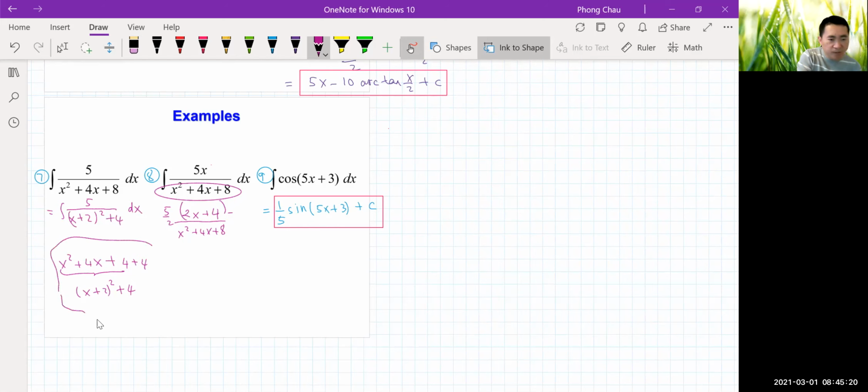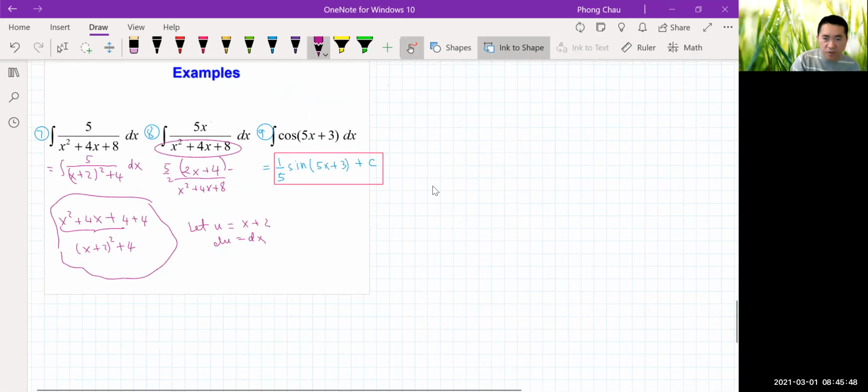So that's on the side. Now, in order to finish here, you have to use a substitution: let u be x plus 2, and du is dx. That way, you would have u squared plus 2 squared, and then apply the arctangent formula, right? I'm going to stop right here, and that finishes 8.1.